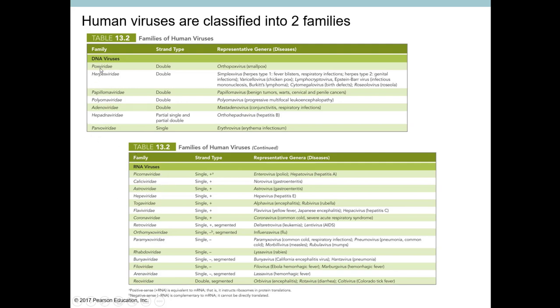I will tell you that this suffix, viridae, V-I-R-I-D-A-E, which is on all of these, means virus family. So you have the poxviridae, that means the pox virus family. You have the herpesviridae, that's the herpes virus family, and so on. The papillomavirus family, the polyomavirus family. So that viridae means virus family.